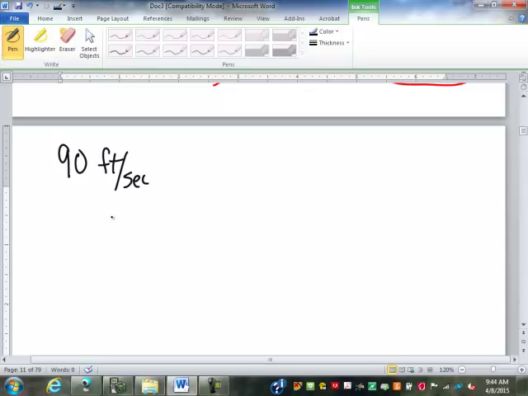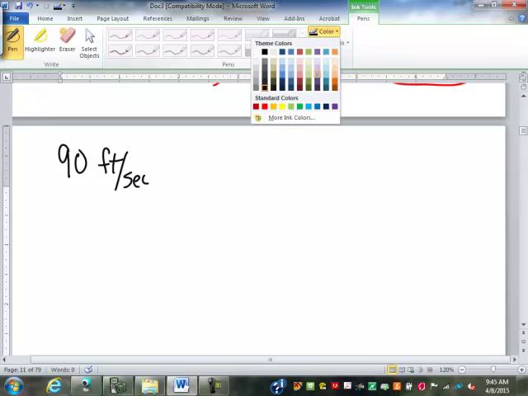That's saying I can stand on first base and throw the ball to home plate and it'll be there in 1 second. Do you believe I can do that? Well, is 90 feet per second fast? If I told you that you're going to drive home tonight at a rate of 90 feet per second, you can get a speeding ticket. Sounds like it's pretty fast, doesn't it?